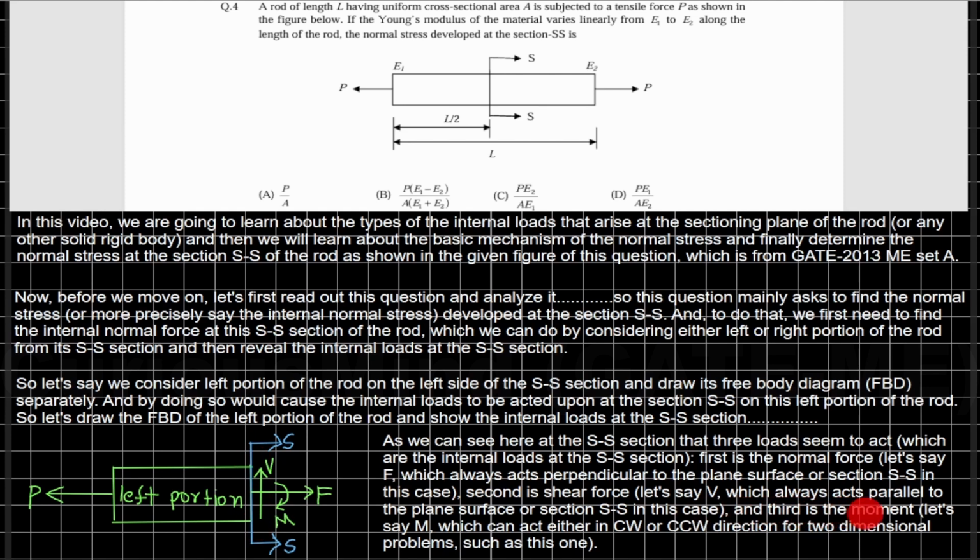And the third is the moment, let's say M, which acts either in clockwise or counterclockwise. We can assume any direction, alright, for two-dimensional problems such as this one. Alright, so this problem is two-dimensional. So in two-dimensional problems, either clockwise or counterclockwise moment is considered.